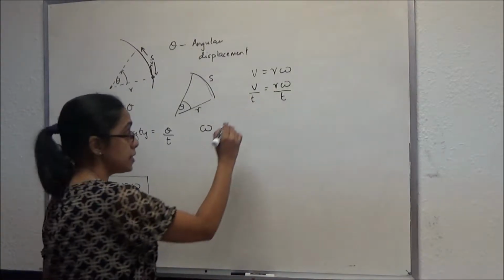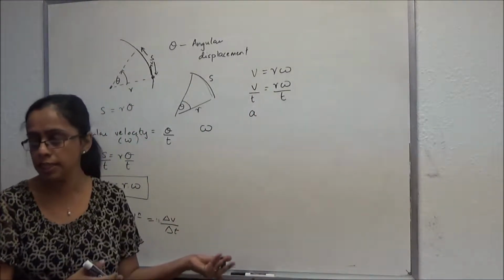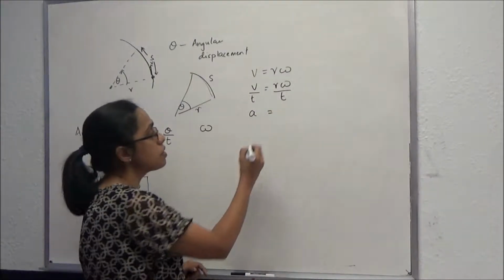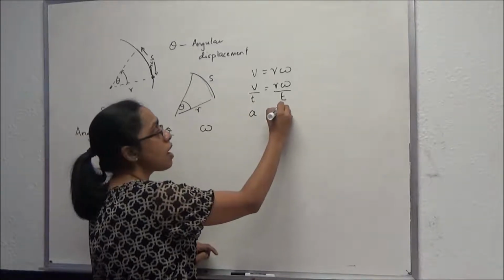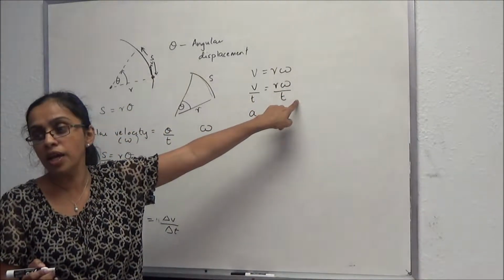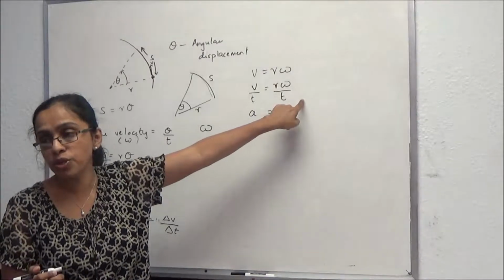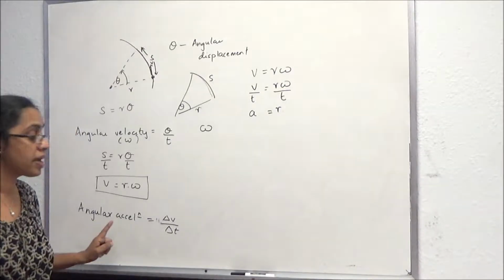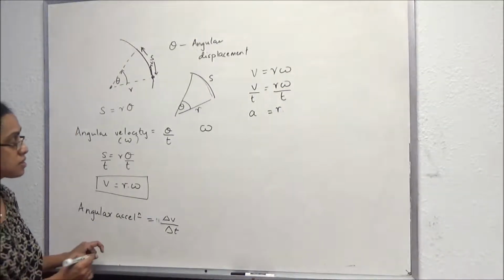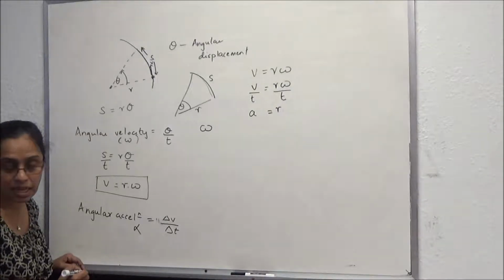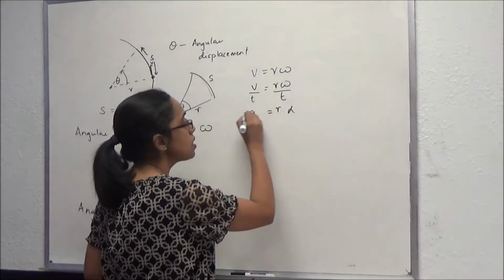Acceleration. Yes, linear acceleration. You don't have to say linear, I just stressed that. So A equals R. What do you think omega over t would be? That's the rate of change of angular velocity. What does that mean? That's the angular acceleration. And that's always denoted by alpha. So A equals R alpha.